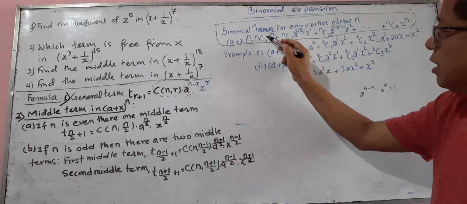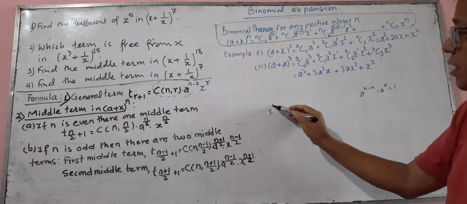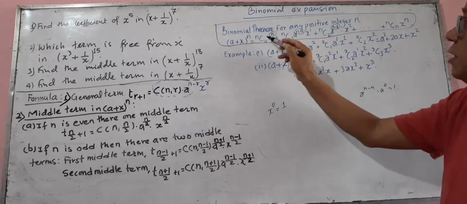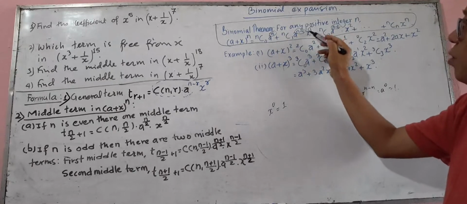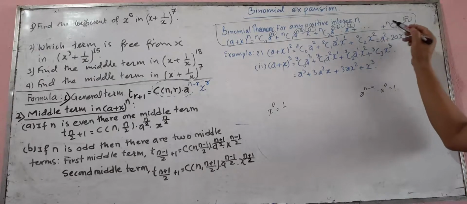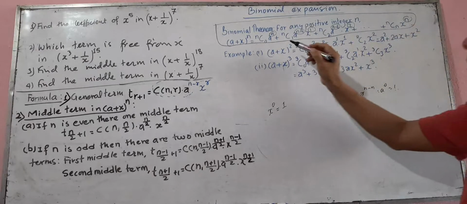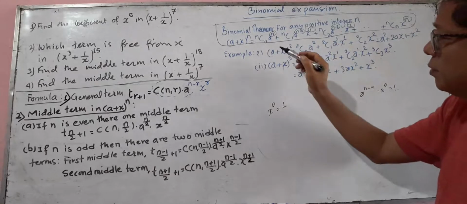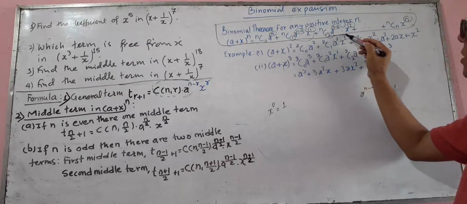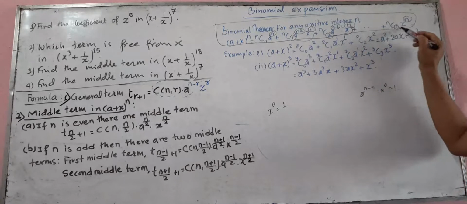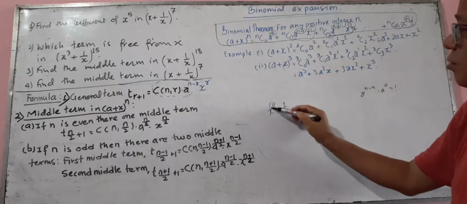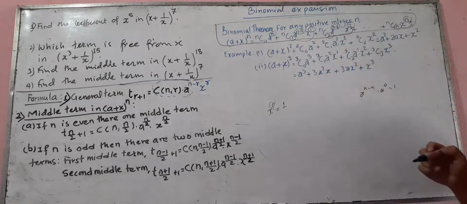In the first term, the power is x to the power 0 and this is 1, so we have not written it here. The other powers are x^1, x^2, up to x^n. Also, the suffix of C and the power of x are the same: 0, 0, 1.